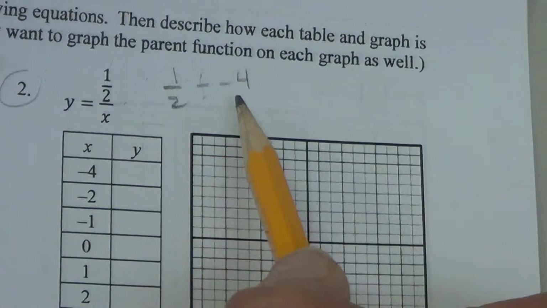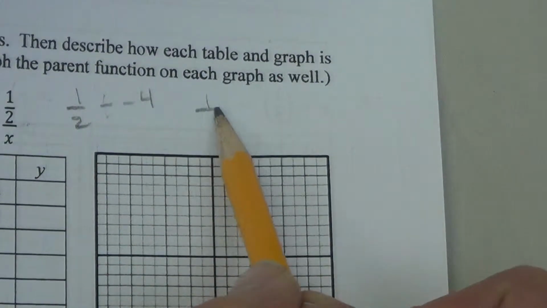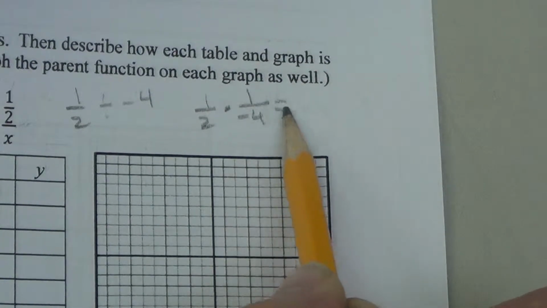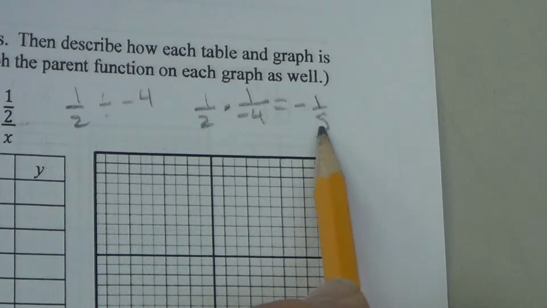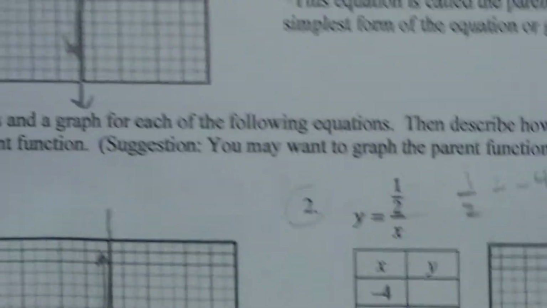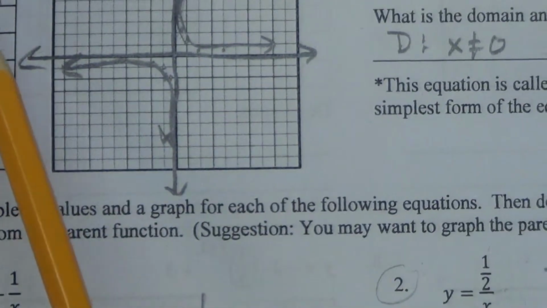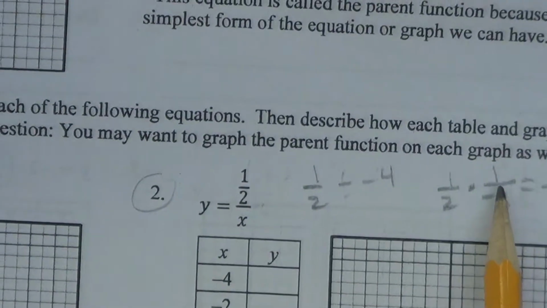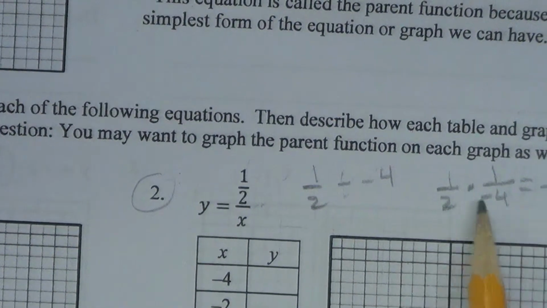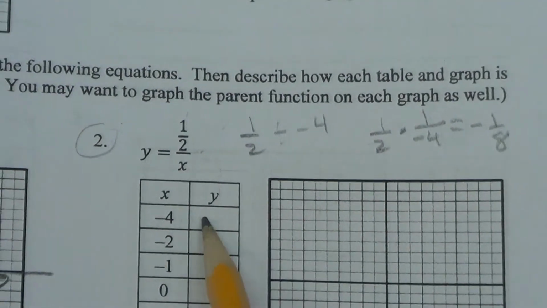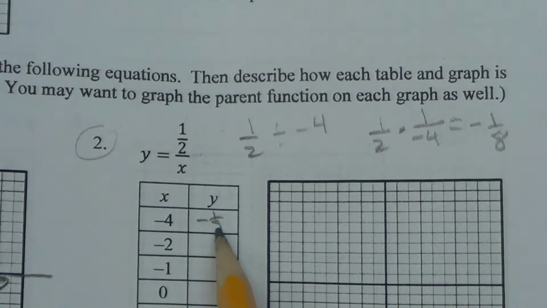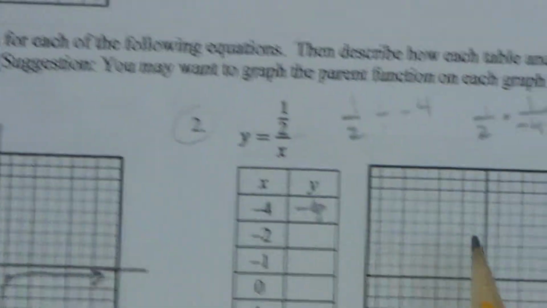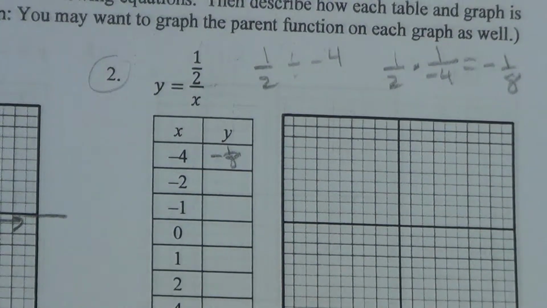I need to skip, flip, and multiply, so 1/2 times 1 over -4, which equals -1/8. So if you look at the value here, it was a -1/4. Right there, that's what we multiplied by 1/2. So we get -1/8. You can take these values and literally take 1/2 of those to see what this does.